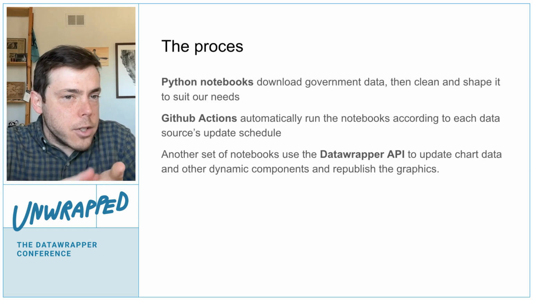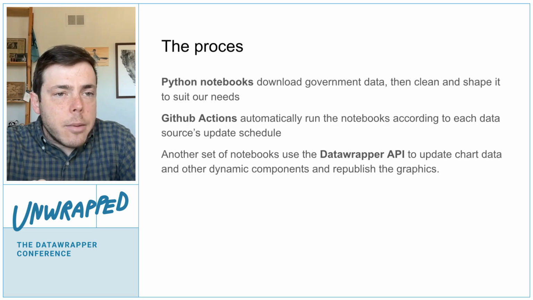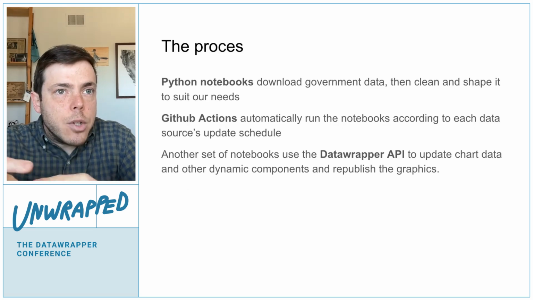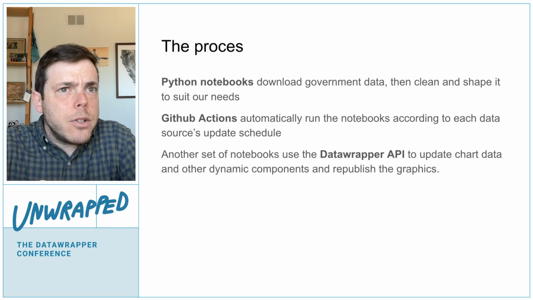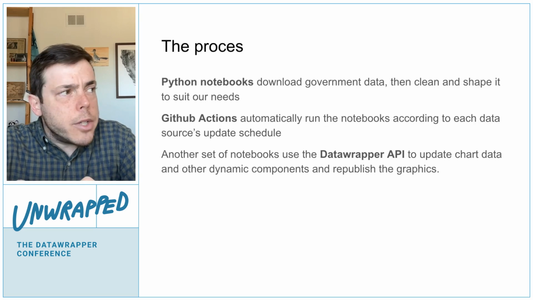Basically, our process starts with a Python notebook that downloads the government data, we clean it, and we shape it into a format that Datawrapper or some of our Svelte charts need. A GitHub Action helps us automate that. So we time it to run around the time that we know the departments and agencies post new data.